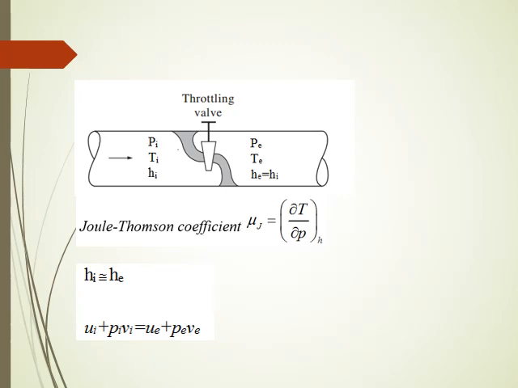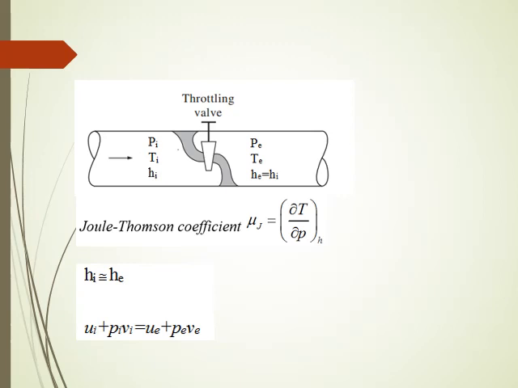What the Joule-Thomson coefficient actually implies, we will discuss in the chapter dealing with the property relations. There we will see how we have two regions, the cooling region and the heating region, for the throttling process.